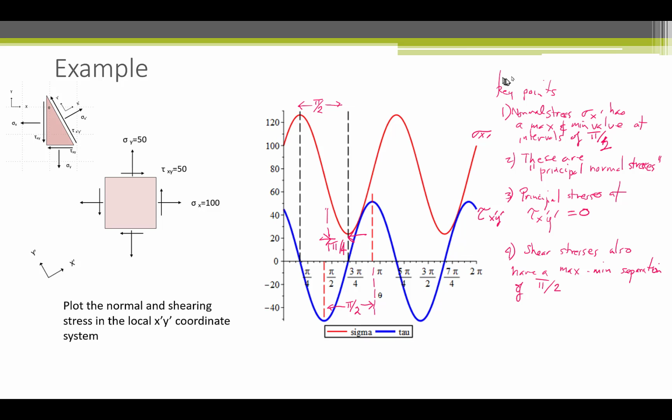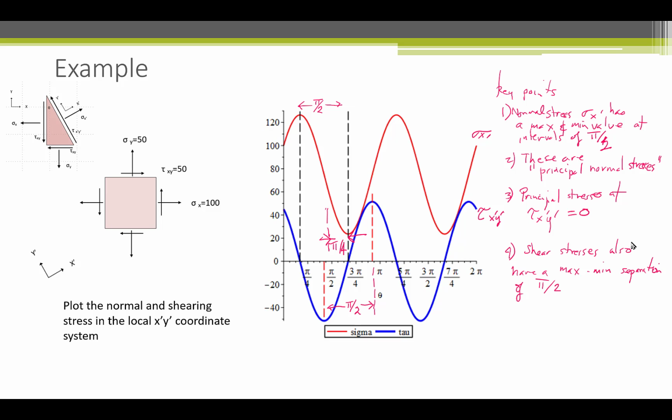To summarize these key points, the normal stress sigma x prime has a max and min value at intervals of pi over 2. These are the principal normal stresses, and as I mentioned, they occur on the principal planes. The principal stresses are also at a location where the shearing stress tau x prime y prime is equal to 0.